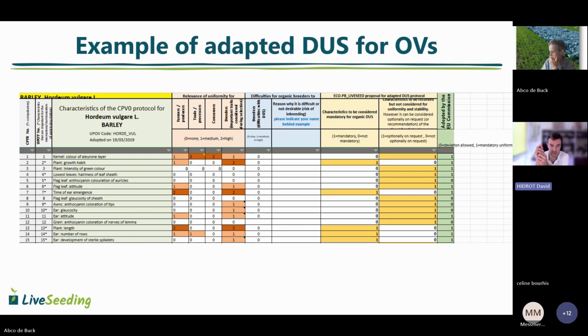My suggestion is, if there are too many deviations, why do breeders try to apply for OHM? Because if it is very diversified, there is no protection anyway. So what do you think?